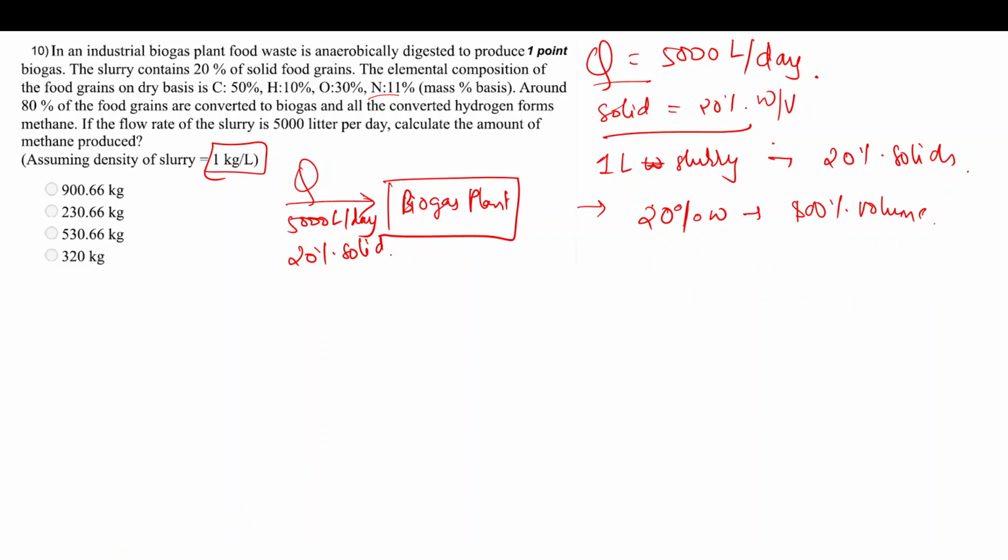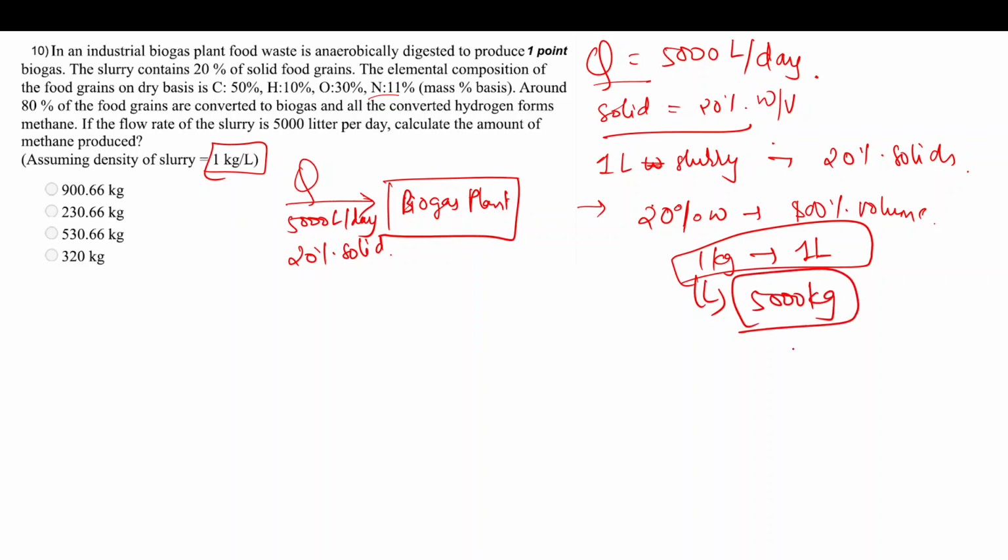5000 kg. Yeah, so this density means 1 like 1 liter of slurry weighs 1 kg. Okay, so if you convert this, then 5,000 liter of slurry will have 5,000 kg of slurry, right?